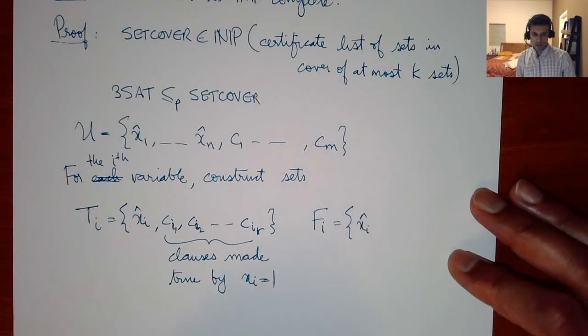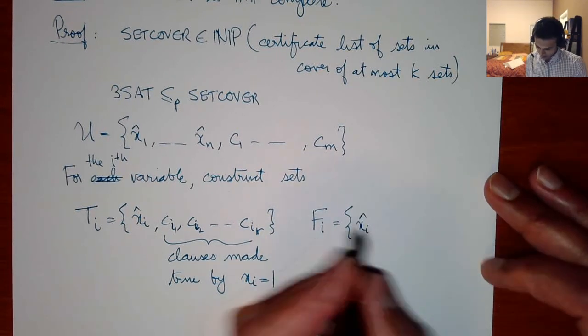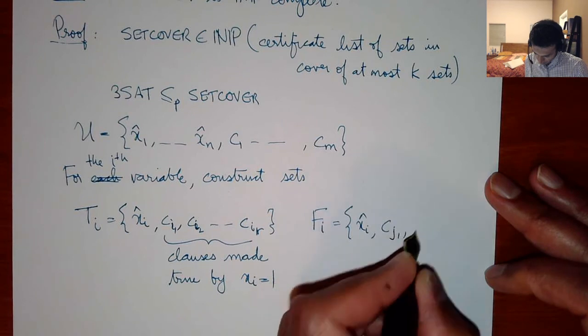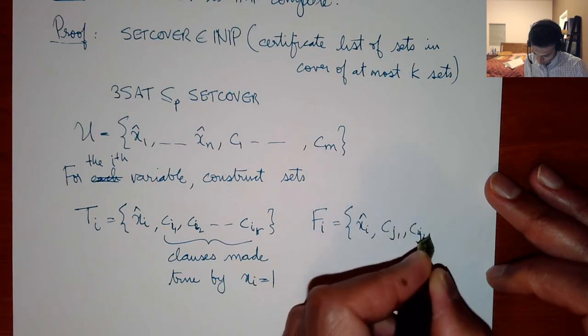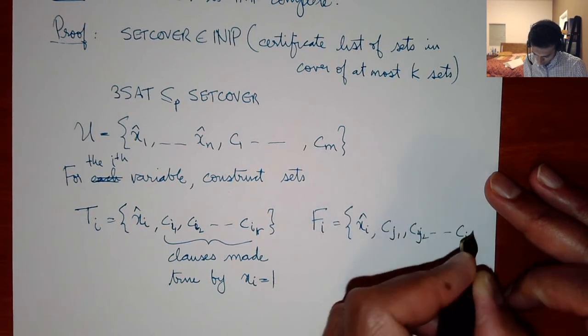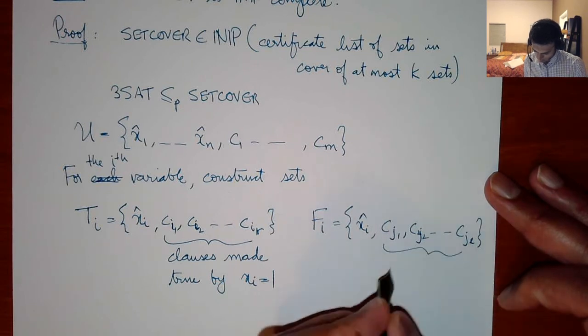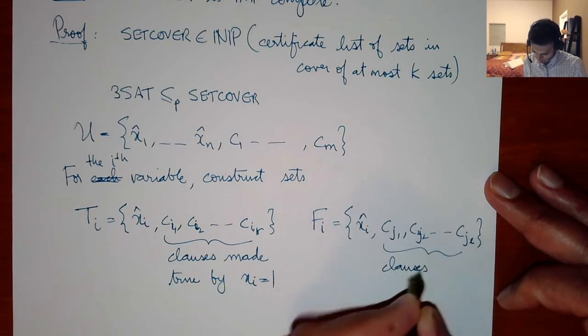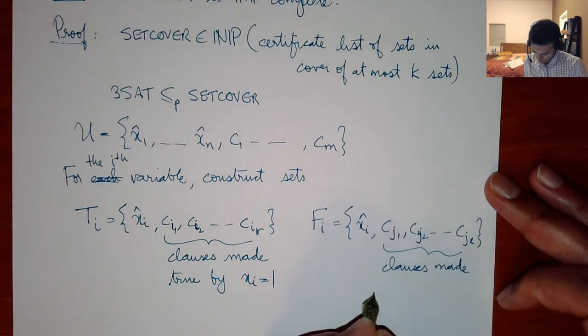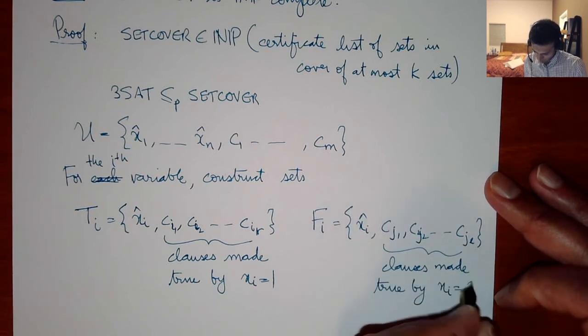So this is also going to contain x_i hat, and this has c_j1, c_j2 up to c_jl, where these are the clauses made true by x_i equals 0.